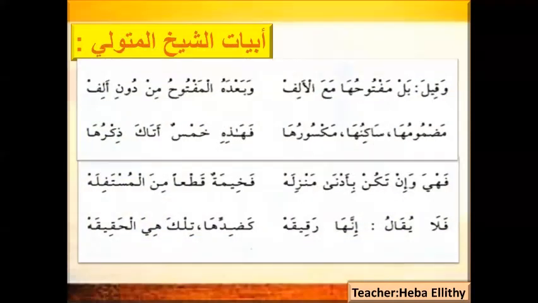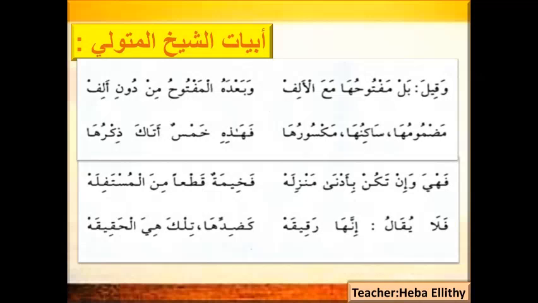If we look for the أبيات or the lines of الشيخ المتولي together for this school, it will be: وقيل بل مفتوحها مع الألف وبعده المفتوح من دون ألف. Then the first level is the one with فتحة followed by ألف.